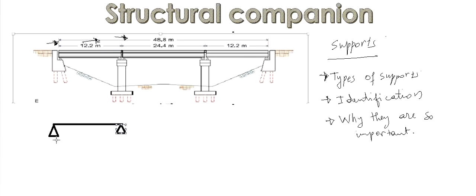The supports are always represented with a small triangle like this. This one is a hinge support, and here we represent a roller support.